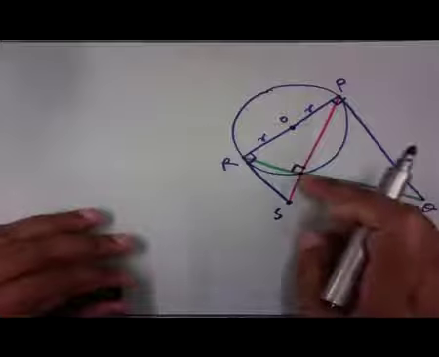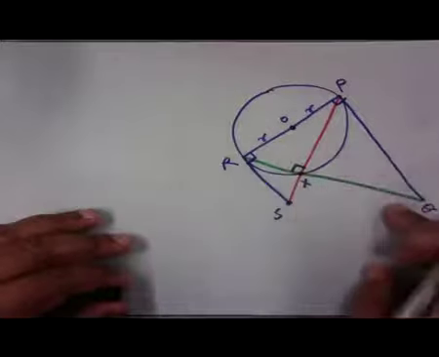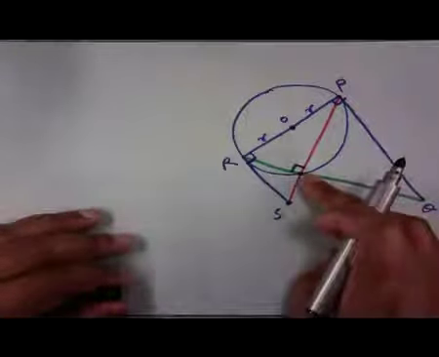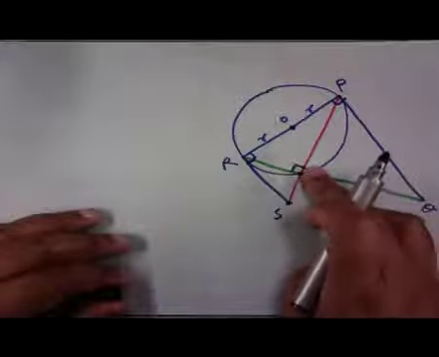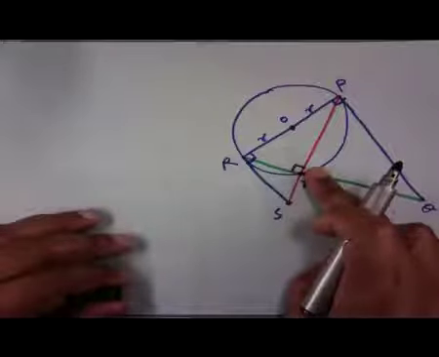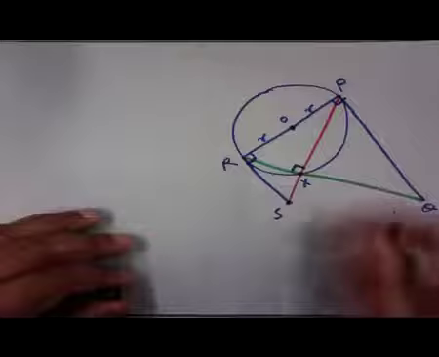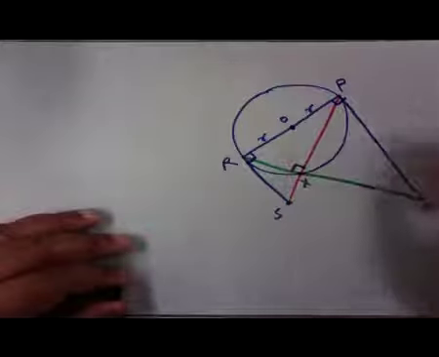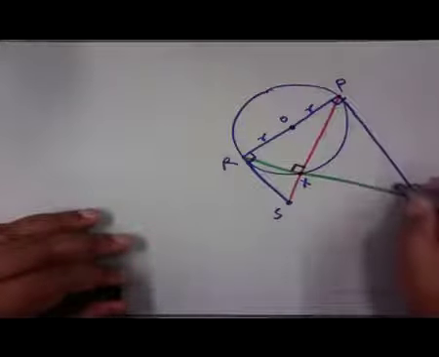If this point of intersection was not on the circumference, then this angle might not be 90 degrees. Now, because this is 90, let us say that this angle is theta.